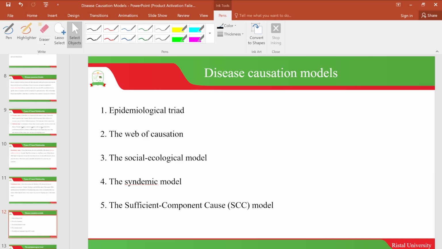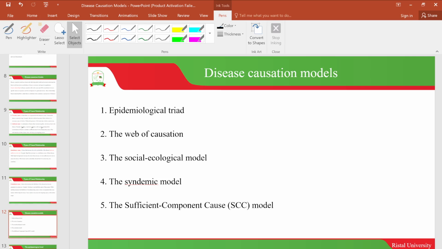Now let's go deeper into these models, having understood how diseases can happen and what factors can contribute to these different diseases. From this discussion so far, we have noted that diseases cannot be caused by single factors. We will have different factors coming into play to influence the occurrence of particular diseases.